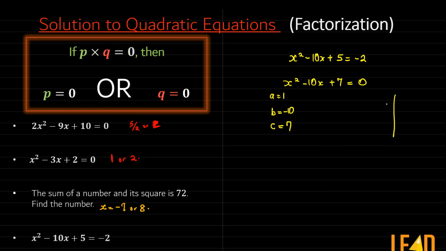So ac is 7, b is minus 10. So what two numbers can I use? Okay, there are no numbers.